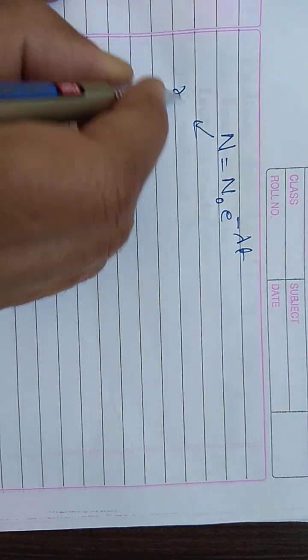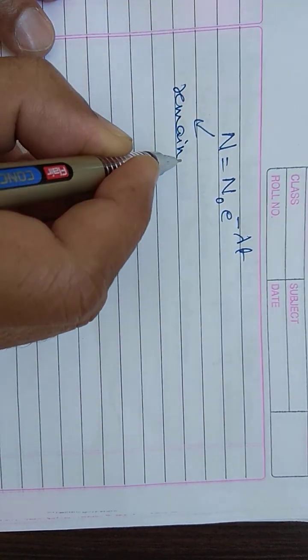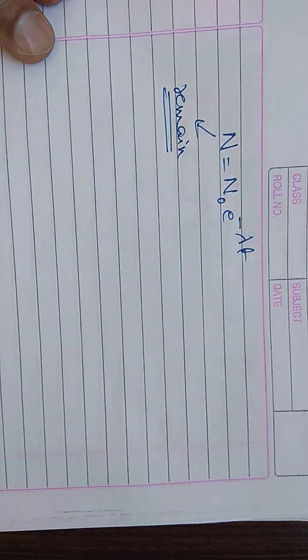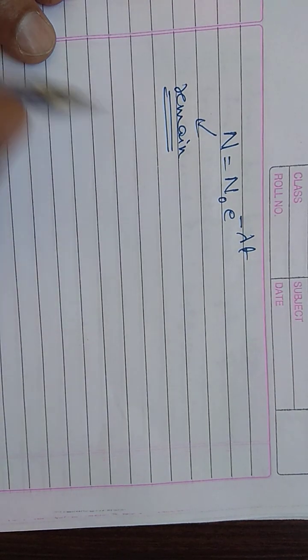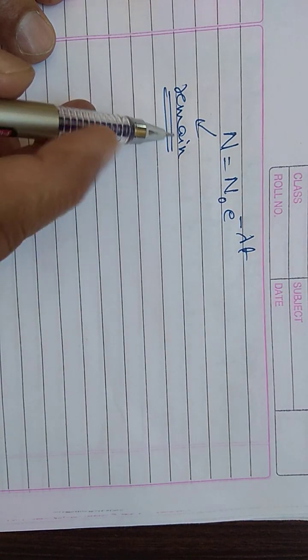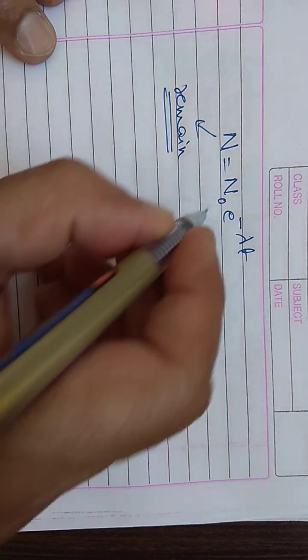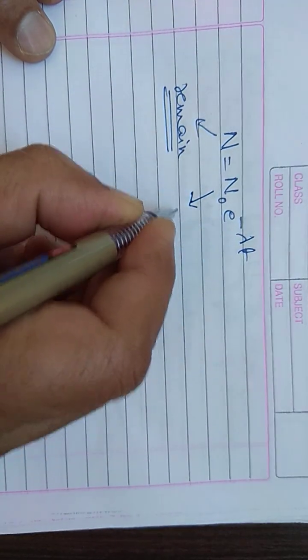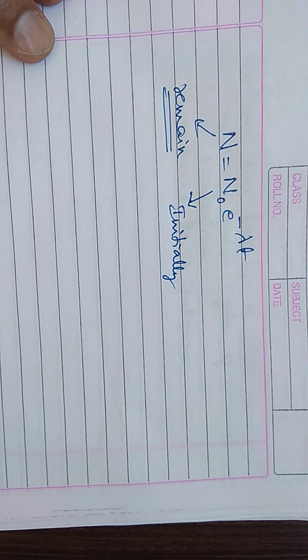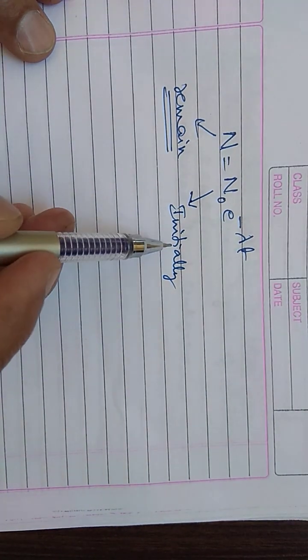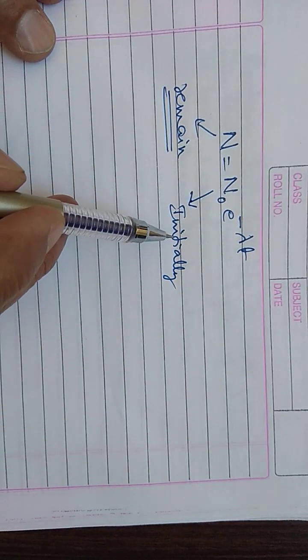How many atoms remain in the particular substance. Initially how many atoms are present, that is represented by n naught.